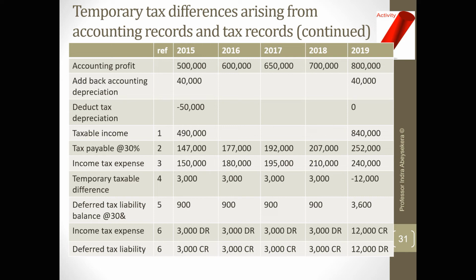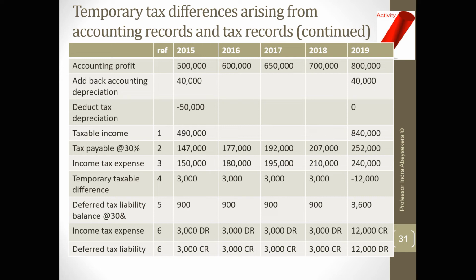So in the first 4 years, we generate a deferred tax liability: 3,000 credit, 3,000 credit, 3,000 credit, and 3,000 credit. So altogether, 12,000 of credit.